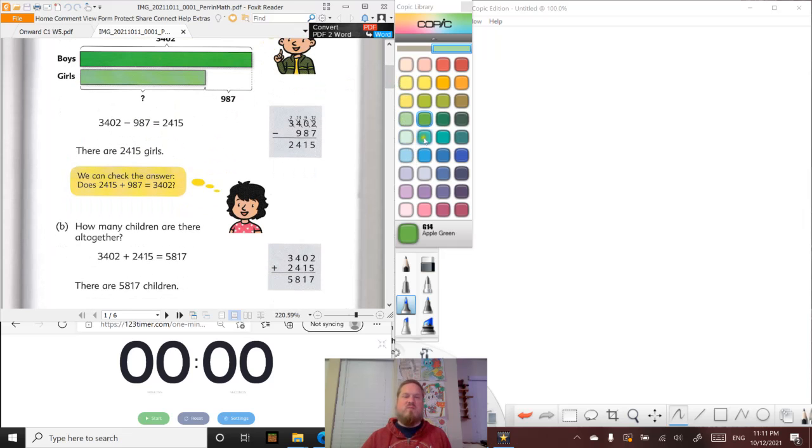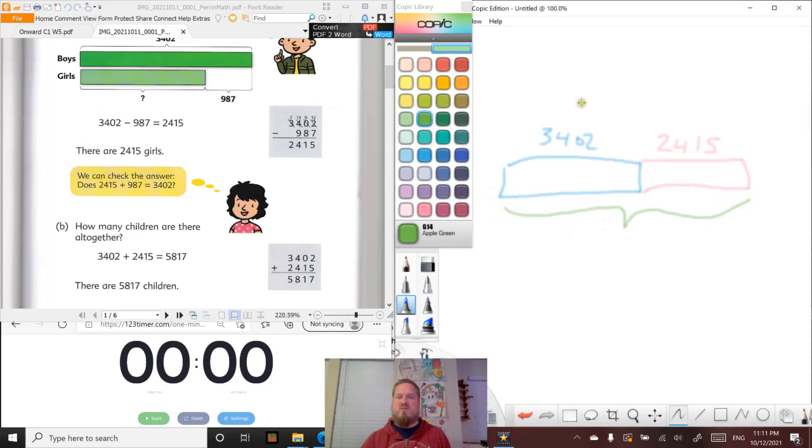So we can do a part whole chart and say that here's the boys, 3,402, and here's the girls, 2,415, and all together, this is the whole. It makes up boys plus girls is how many children there were. Right?